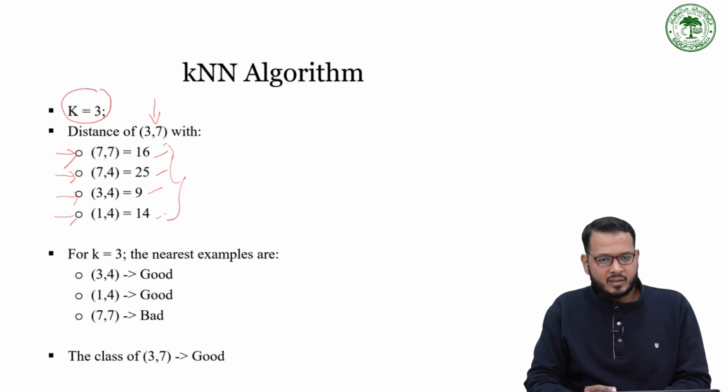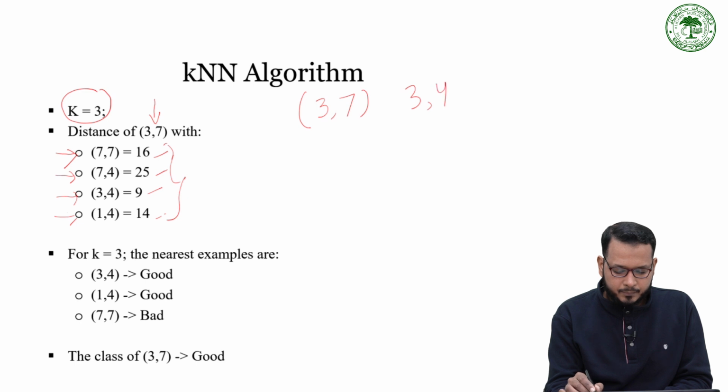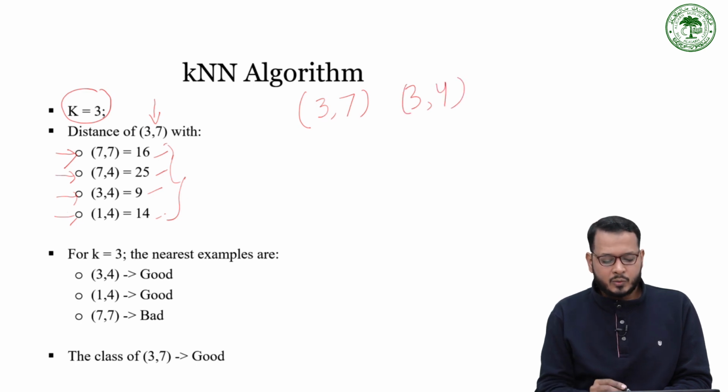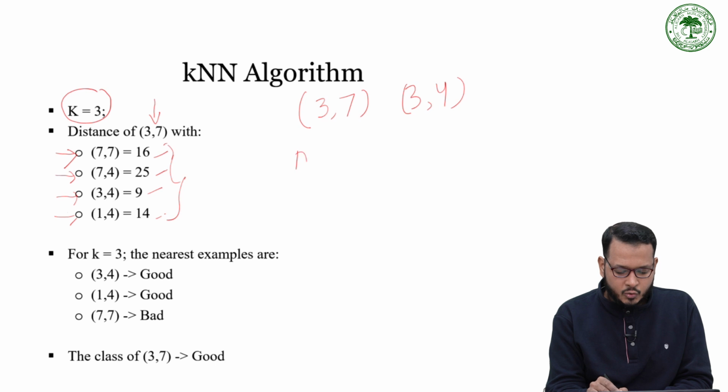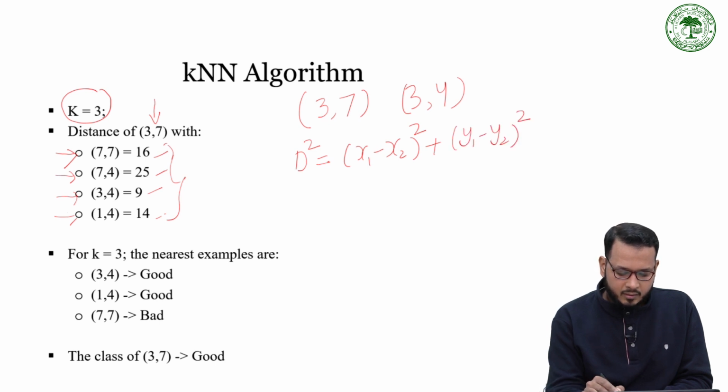To make it more clear, let me show you one example. Let's say I want to calculate the distance between 3, 7 and 3, 4. Then the Euclidean distance, the d square, would be the difference between the x values and the difference between the other coordinate, where this is my x1, y1 and this one is my x2, y2.